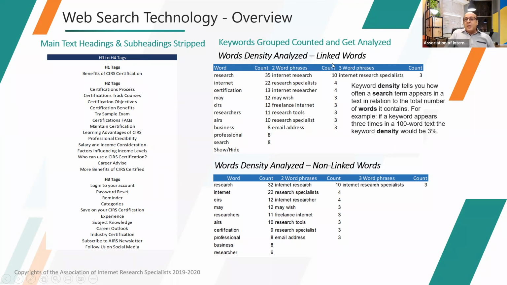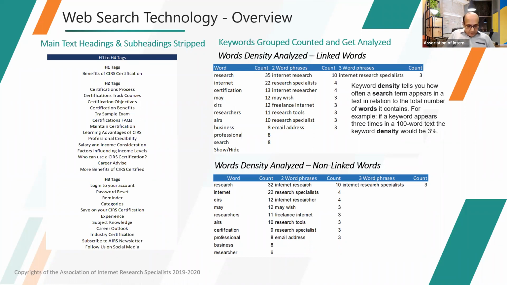Then another thing it is going to calculate is the word density, or how many times certain words appear on that page. Words, remember, are what is being played with all along when we do our searches.